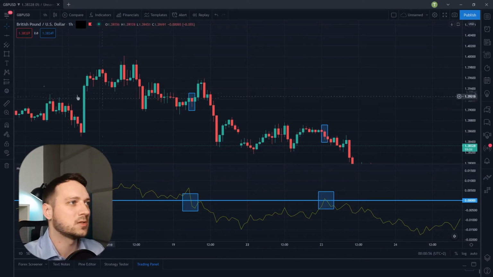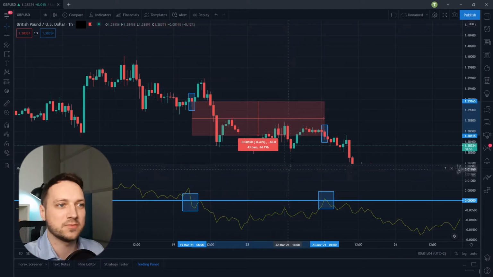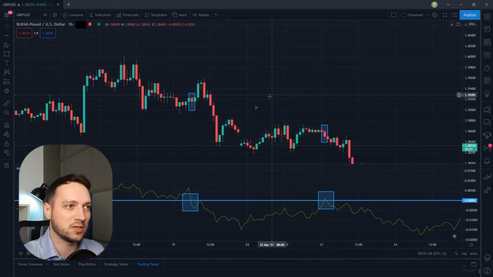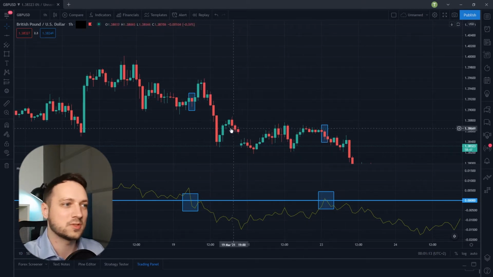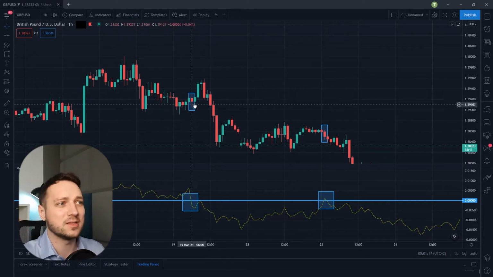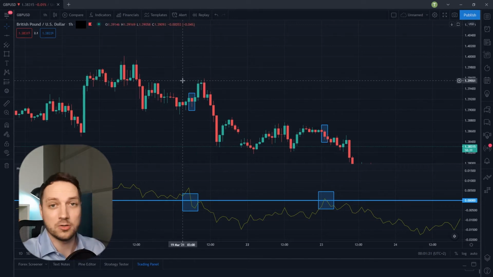So again, let's check with the ruler, more or less, it would give us around 65 pips profit from this particular trade. And as you can see, first we had this move upward before the move downward. So the stop loss should be set on the closest highest high or lowest low.